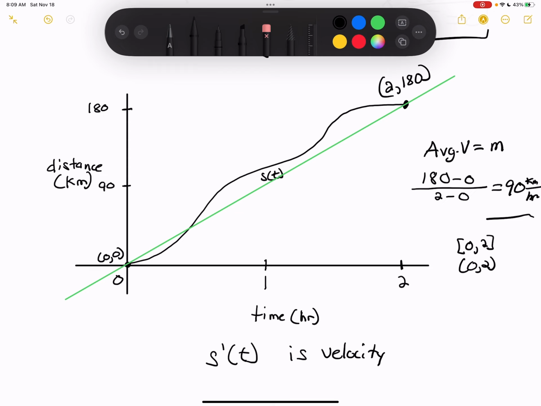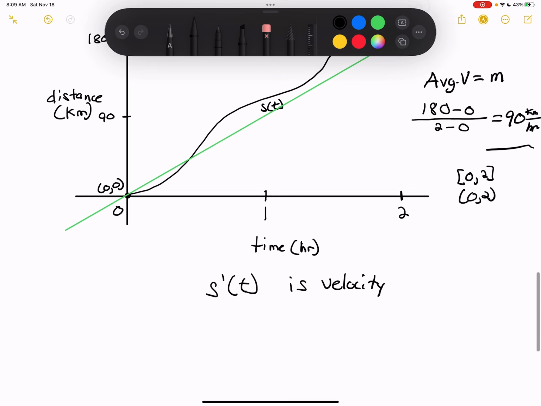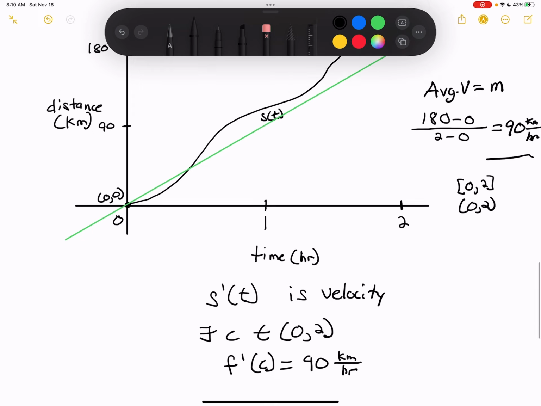So therefore, because the mean value theorem applies, there must exist a c in the interval from 0 to 2 where the instantaneous velocity at a particular point is equal to 90 kilometers per hour.